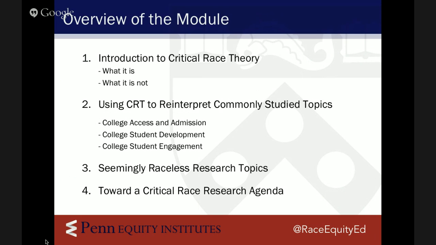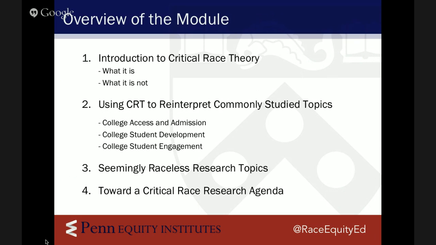We will then go into giving some examples from the chapter in our book with Jessica in which we use CRT to reinterpret 3 commonly studied topics regarding college students in higher education. I will start by talking about college access and admission. Lori will talk about college student development, and she'll kick it back to me to talk about college student engagement.